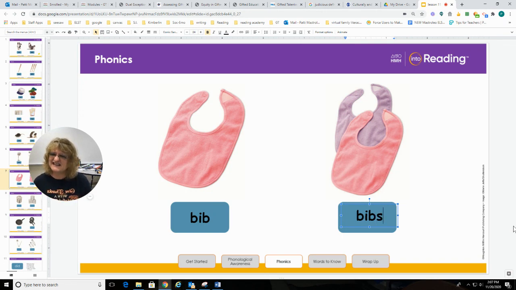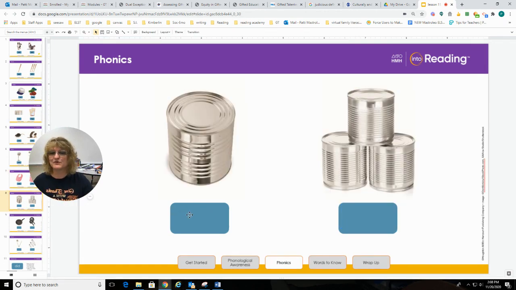It sounded like a Z again, didn't it? But I put an S. Bibs. Take off the S. Ooh, that didn't work. Take off the S, and it's one. Bib. Add the S. More than one. Magic.